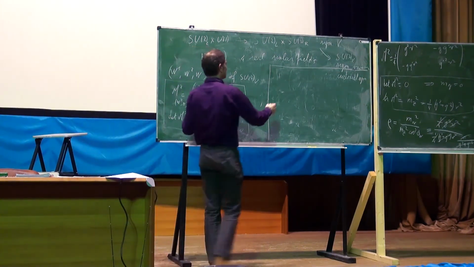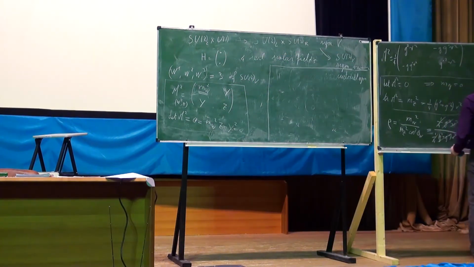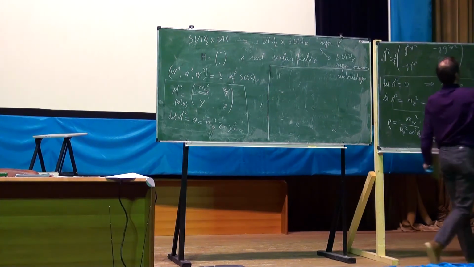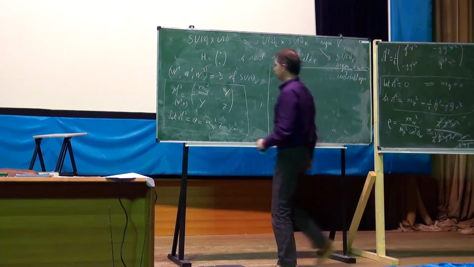So here again I can write that I have W3 and B, which is related to the Z and the photon.